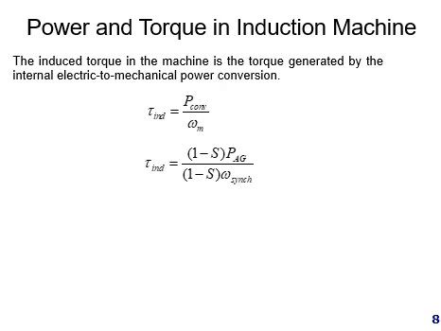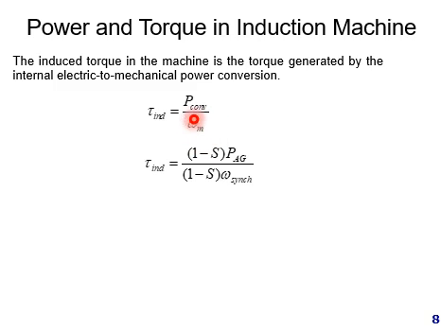Now we come to know how we can write the induced torque in the machine. We know that tau induced can be written as P converted over omega m, or mechanical speed.